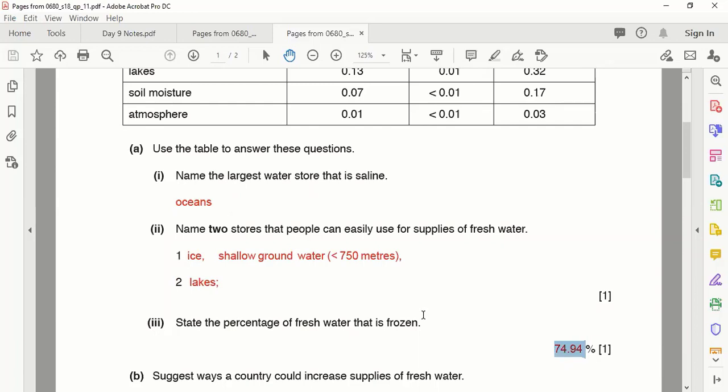Okay. Now they're saying suggest ways a country could increase supply of fresh water. What should the country do for their people so it can increase the supply of fresh water? This is an open-ended question. What do you think?